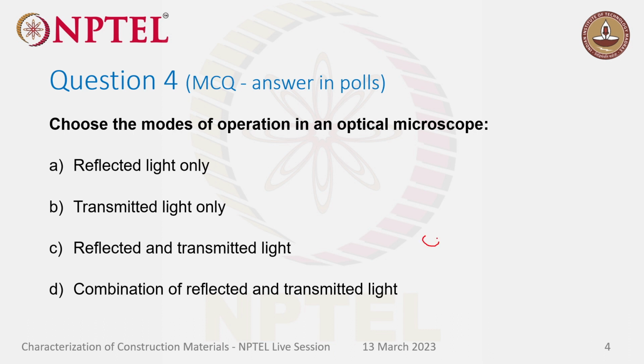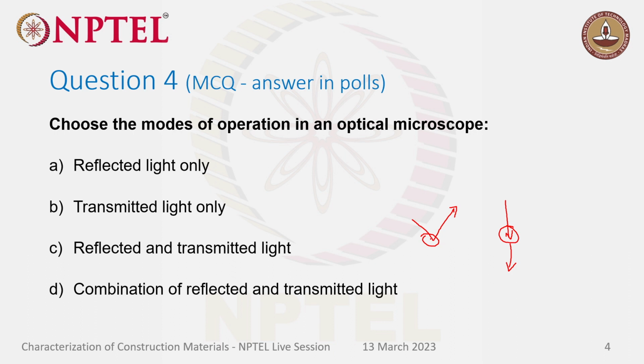There will be a specimen, and based on the reflectance, it will give you some data. When it comes to transmitted mode, it will pass through the sample, and some of the light for some of the wavelength portion will be absorbed by the phases present here and the remaining will come off. Here it is based on the reflectance and here it is based on the absorption.